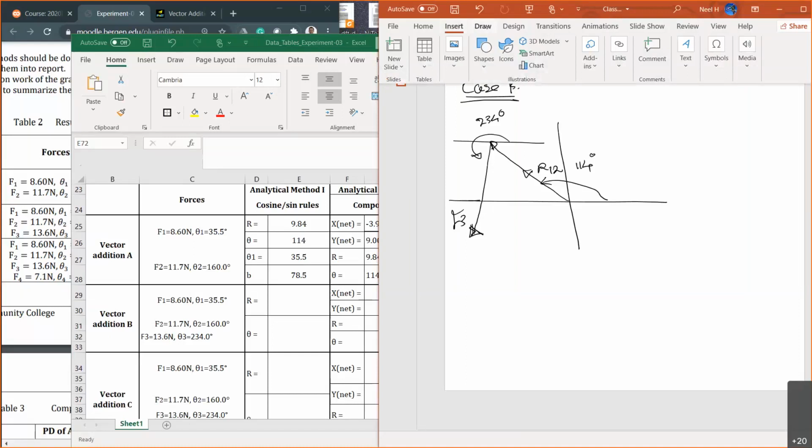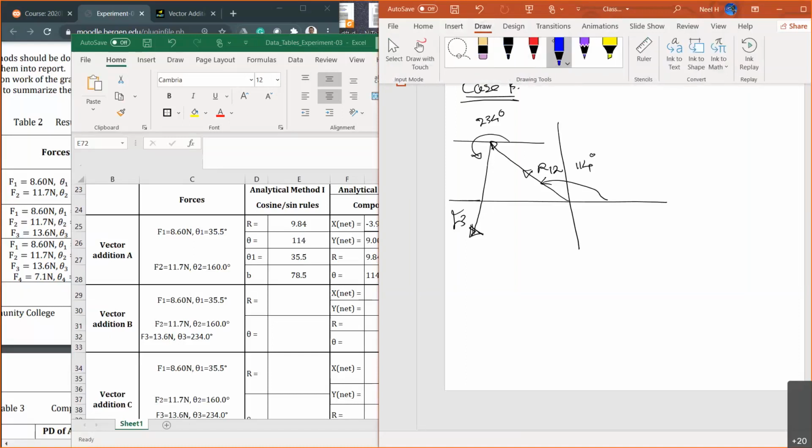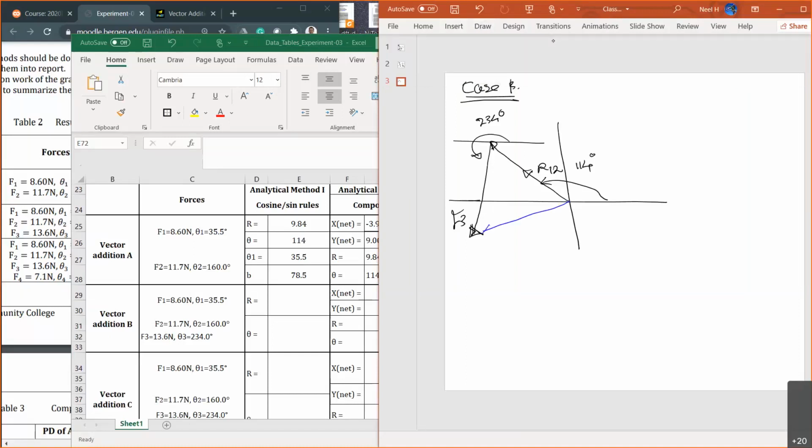Now the resultant of these 2 is going to be this one. You remember earlier in the drawing method, we identified that this is the new resultant of vectors 1, 2 and 3. The subscript I put 1, 2, 3 to represent that this is the resultant of vectors 1, 2, 3 now. But in the cosine and sine rule, I should have only 2, right? That's why I did that.